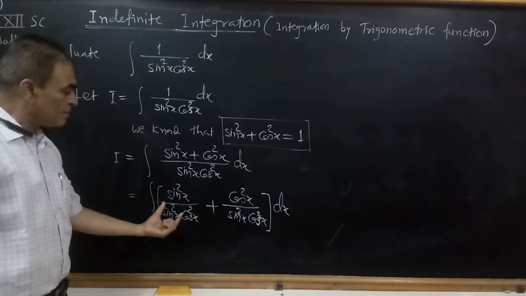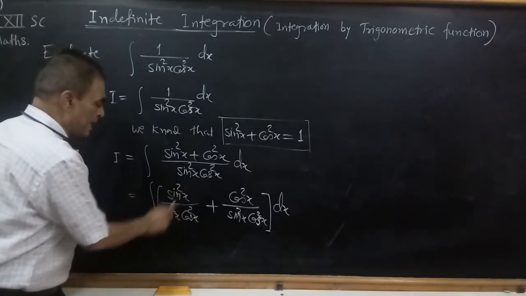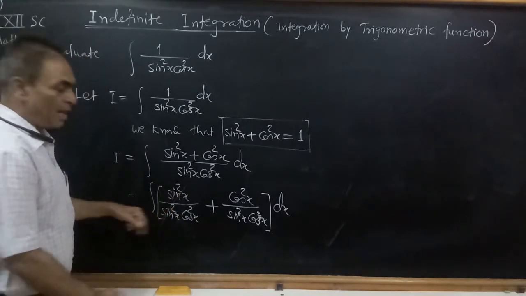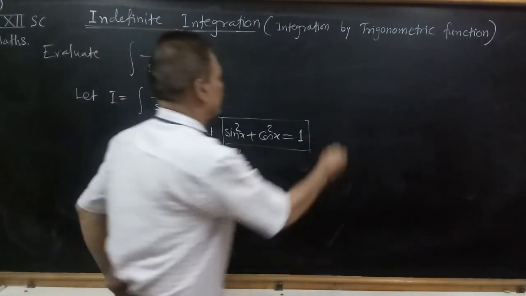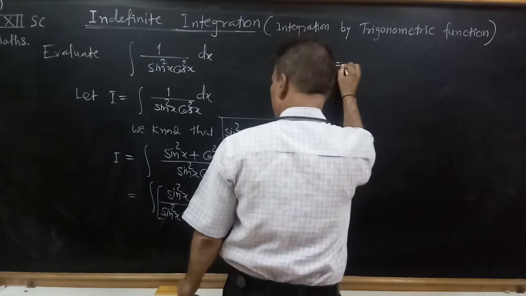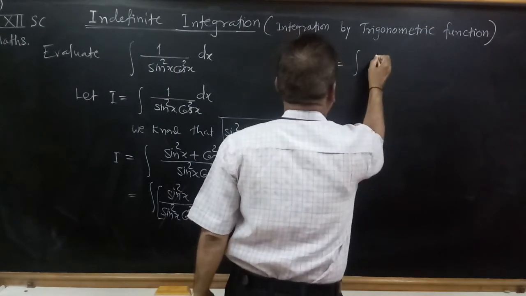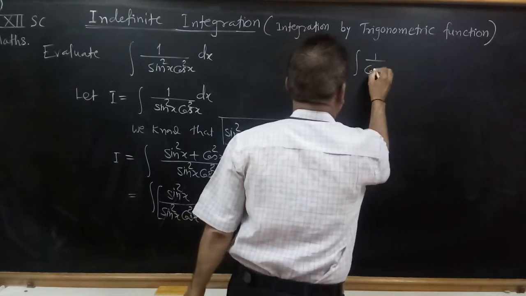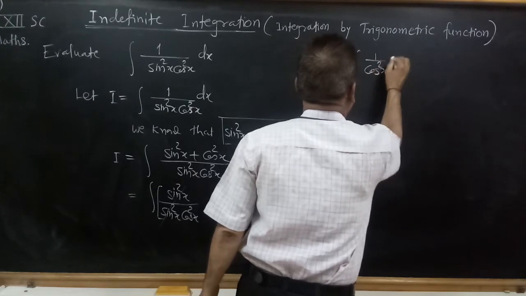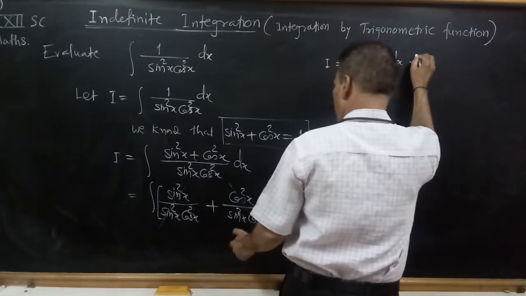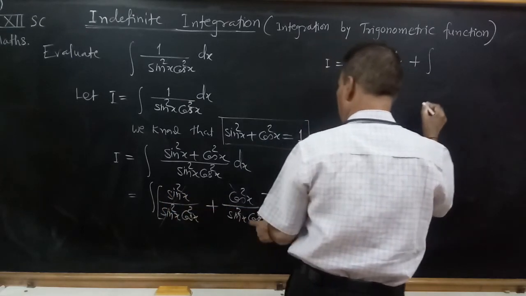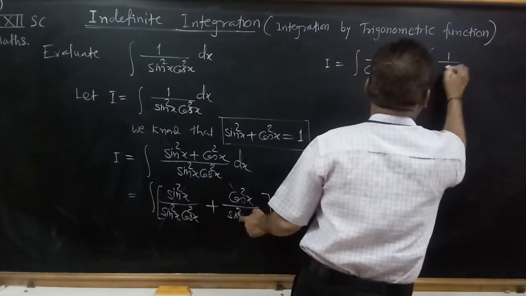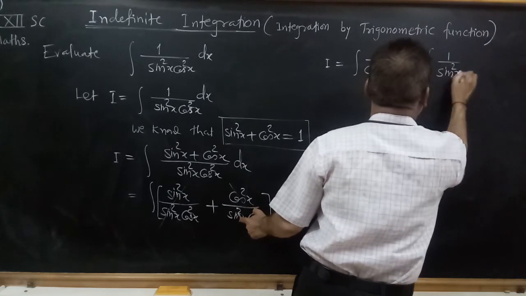In the first part sin square gets cancelled and in the second part cos square gets cancelled. Then the next step I have written here: integration of 1 upon cos square x dx plus, sin square gets cancelled, and what about here, 1 upon sin square x dx.